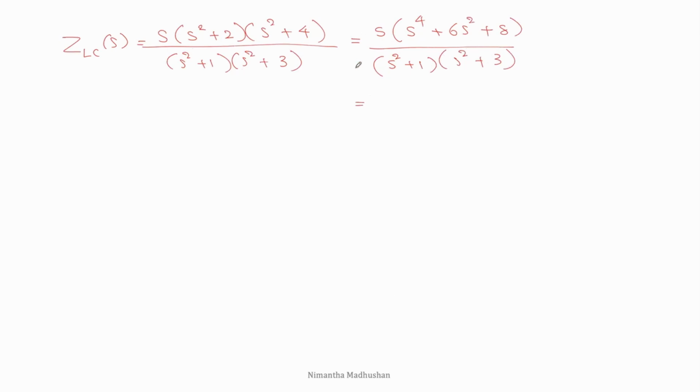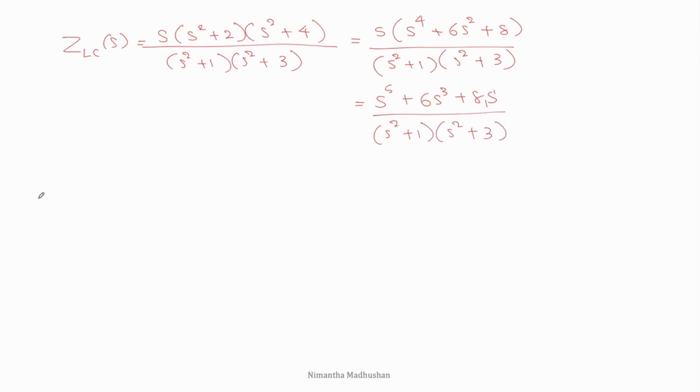Multiplying s by this term, we get (s to the power 5 plus 6 s to the power 3 plus 8s) over (s squared plus 1)(s squared plus 3).